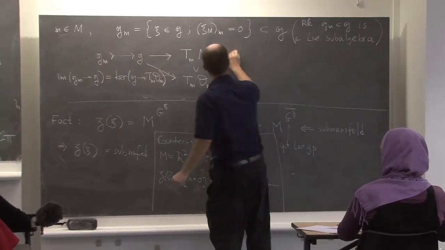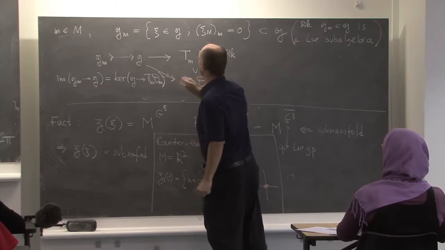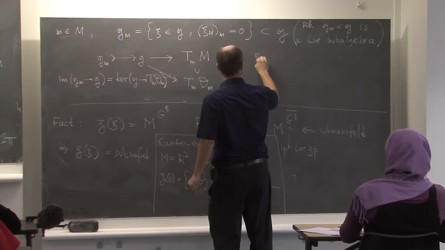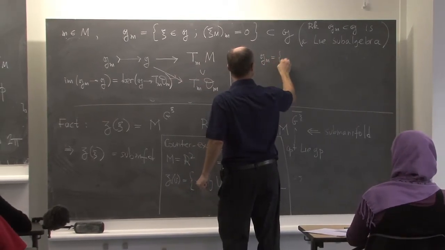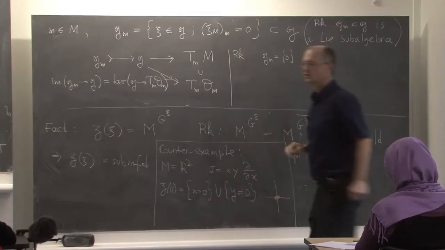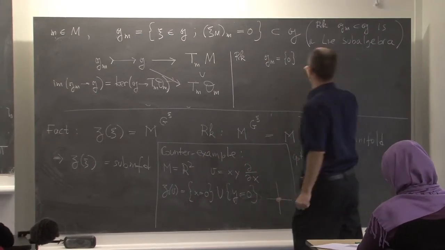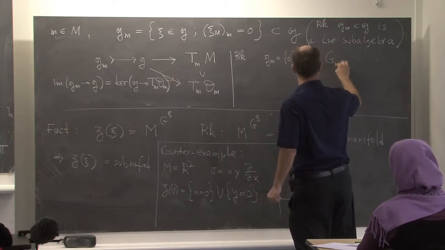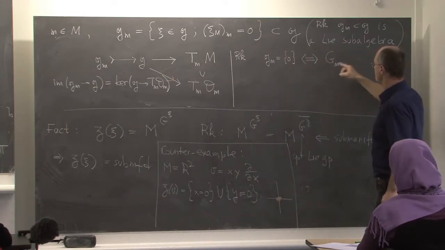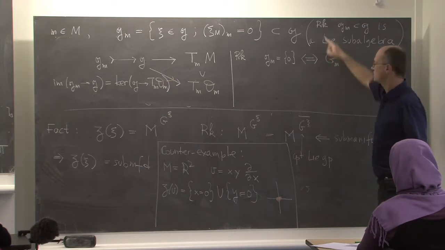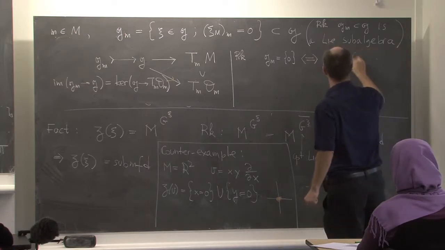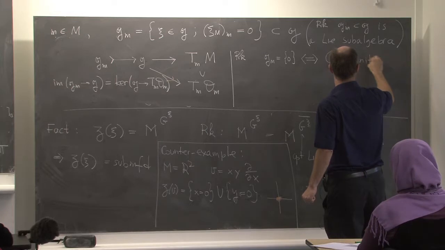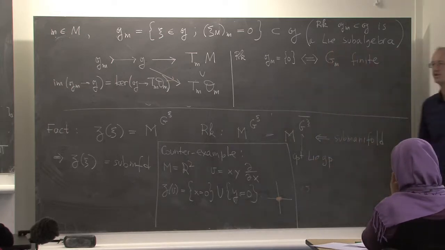One more remark about this notion. So g_M is 0 is the same as the capital G_M, the stabilizer group, being finite.